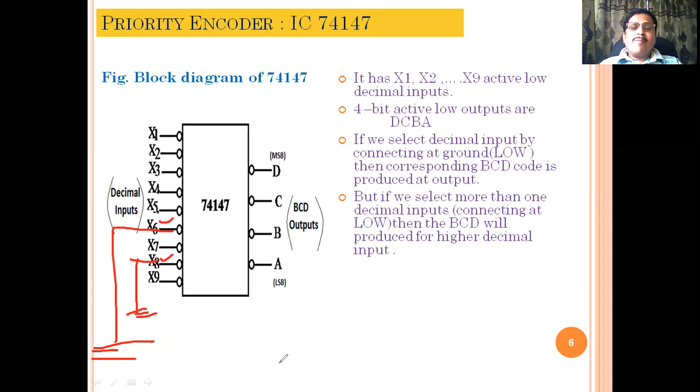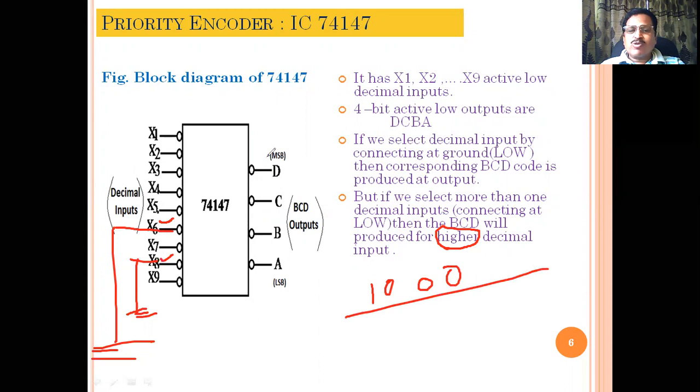Now, what will be the BCD code at the output? This IC has an internal provision such that when we select more than one decimal input, the BCD code is always produced for the higher decimal input. Here we have selected decimal 6 and 8 at a time at the input. Therefore, BCD will be produced for decimal digit 8 at the output.